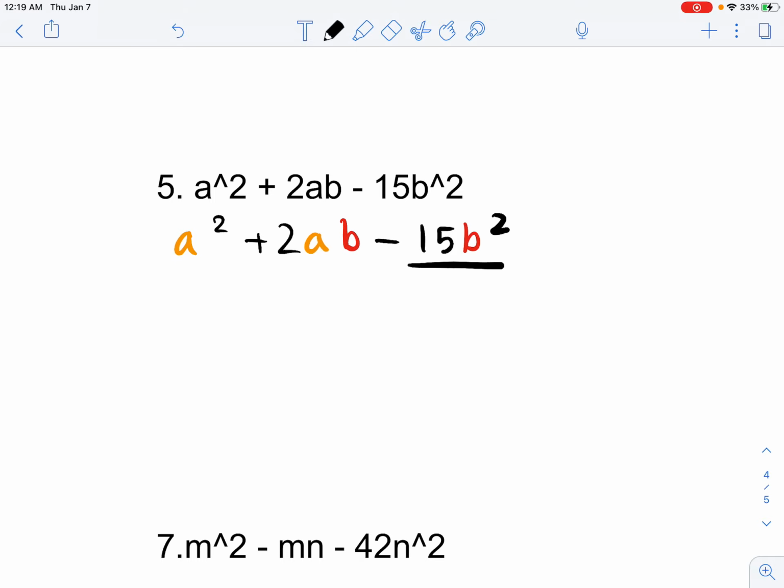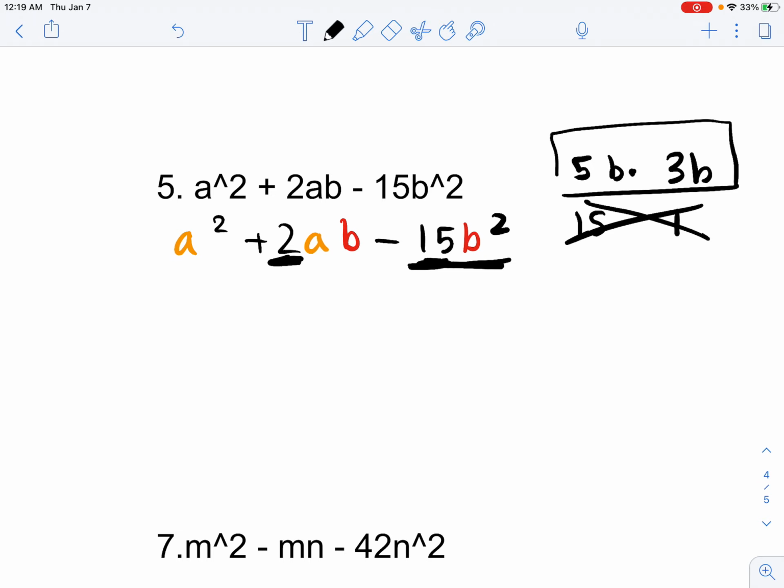Well, the combinations of 15 are the most important one because b squared is just b times b. So we don't have to worry about that. But 15, it could be 5 times 3 or 15 times 1. But in this case, since this is a 2, we know that it's not this combination. It's more likely this combination that we're going to have to use.